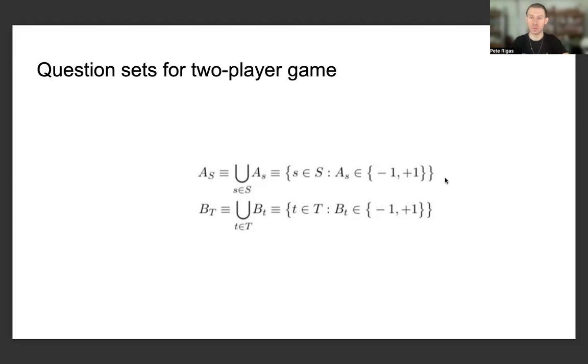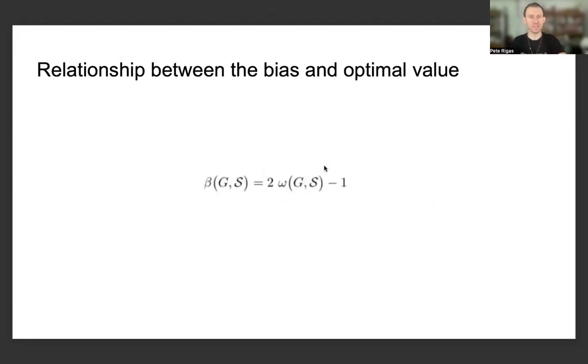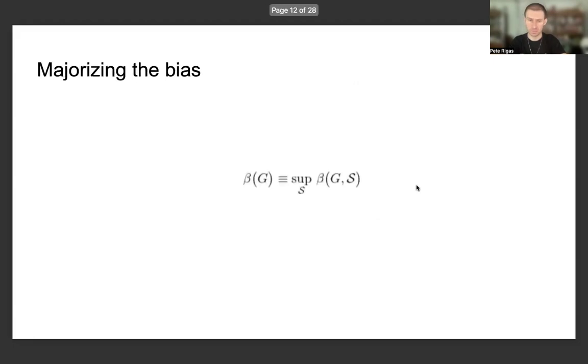And the relationship between the bias and the optimal value, a linear relationship in fact, is given by the fact that beta is equal to 2 times omega, the optimal value of the game, that is the maximum winning probability, minus 1.